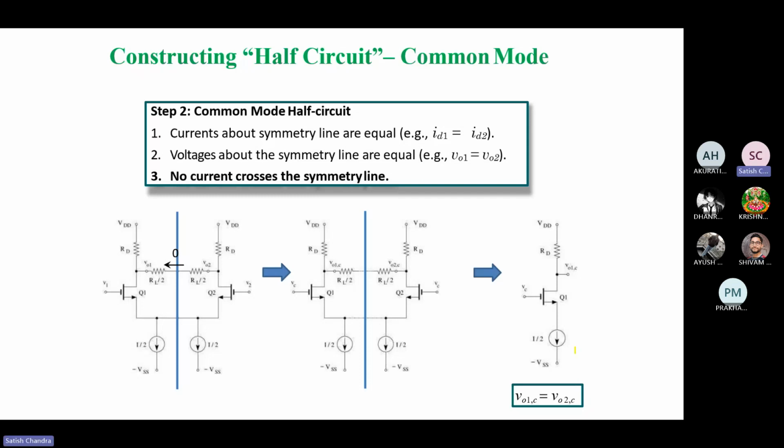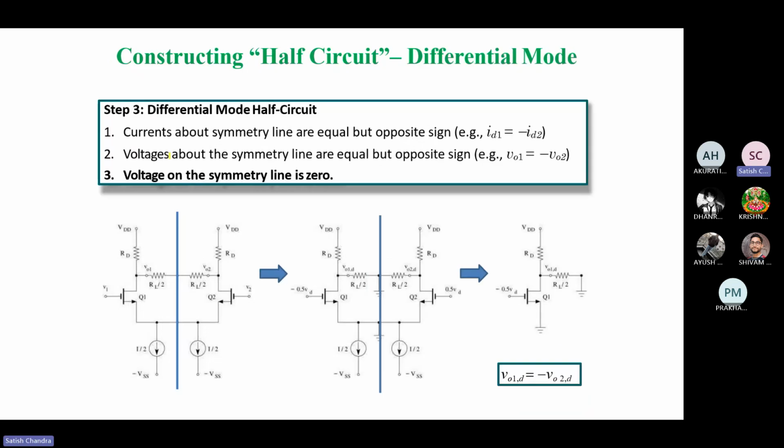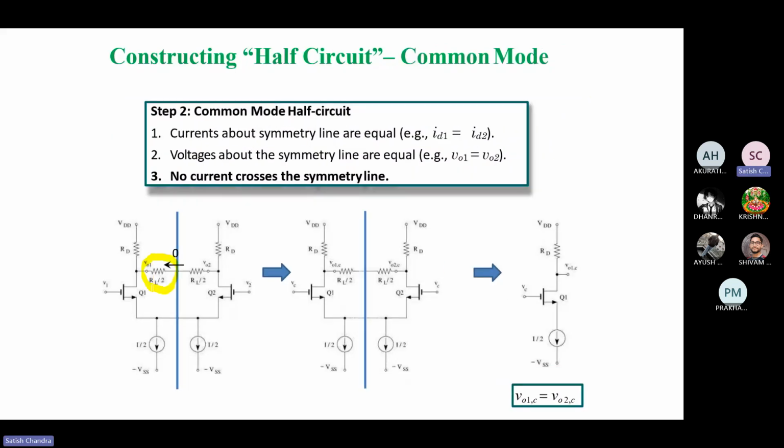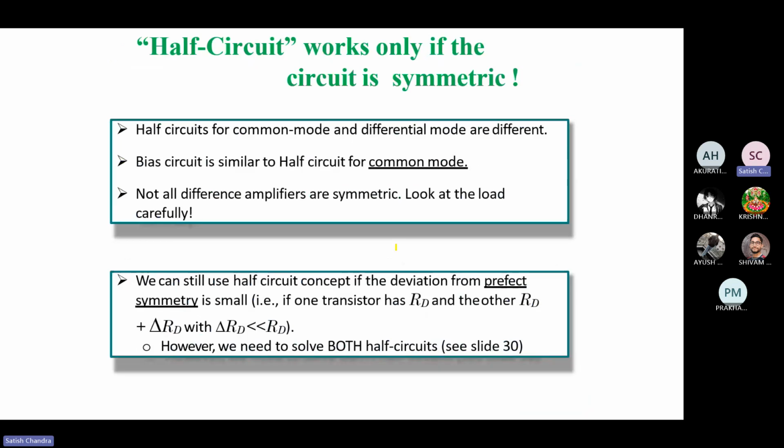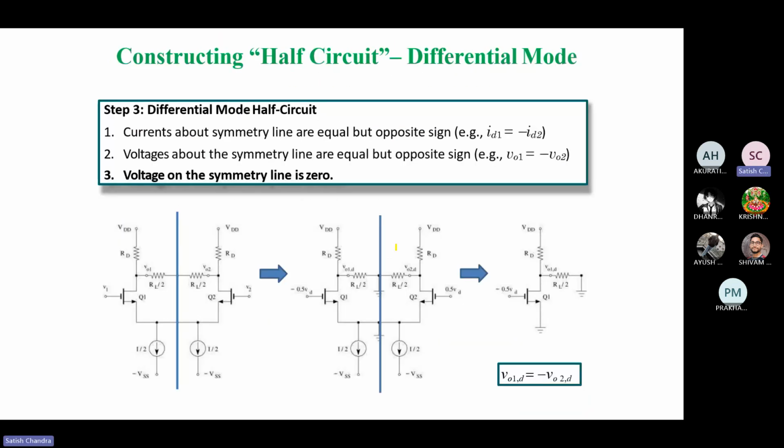So for the case of the differential mode half circuit, how are we going to generate this? See the difference: this is not going to be there for the differential case. And for the differential case, we are going to attain the value like this.